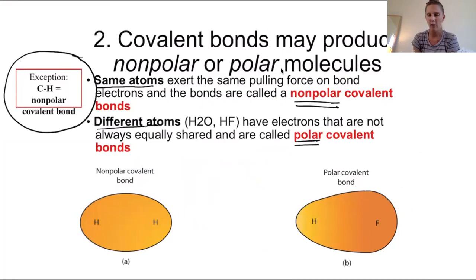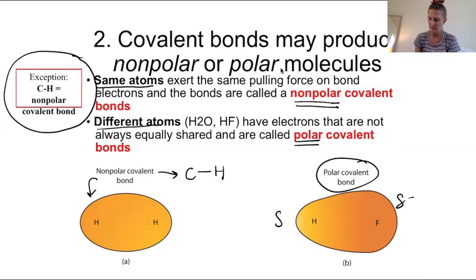Therefore, that is a nonpolar covalent bond, all right? So here, H's and H's, nonpolar covalent. Also, CH, nonpolar covalent bond. Polar covalent bond is where you have different atoms giving you partial negative and partial positive charges.